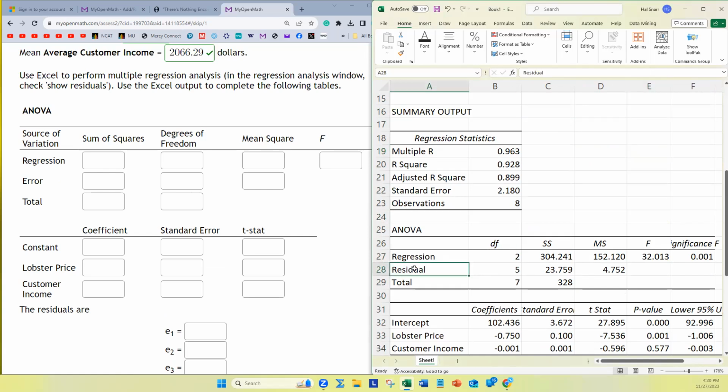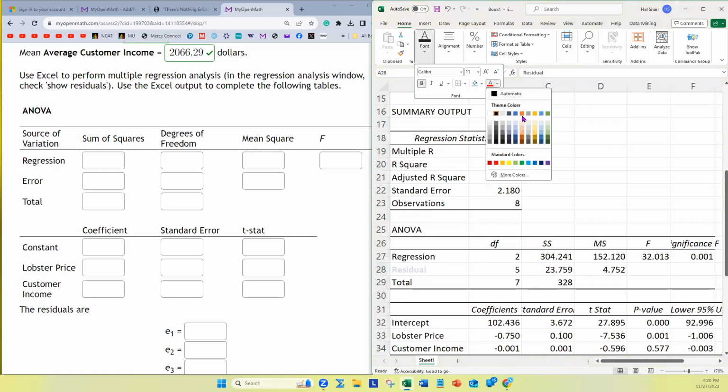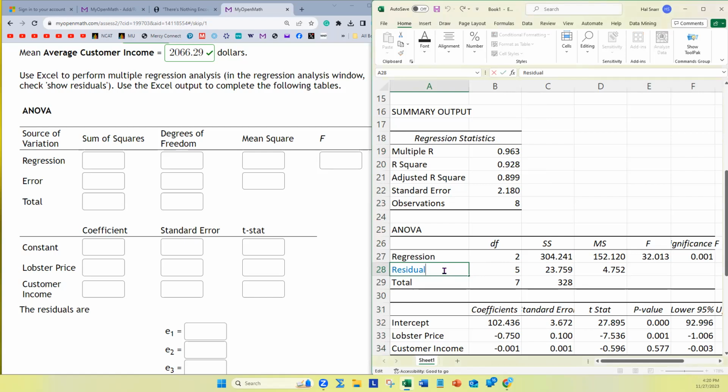Okay, so real quick, I mentioned this last week. I don't like how Excel calls this residual. I'm gonna change the name of this to error, because this is the sum of squares error, estimated error, right?